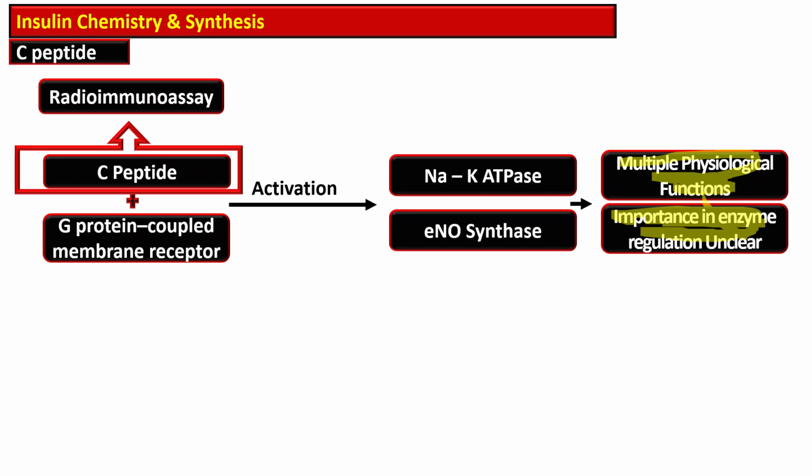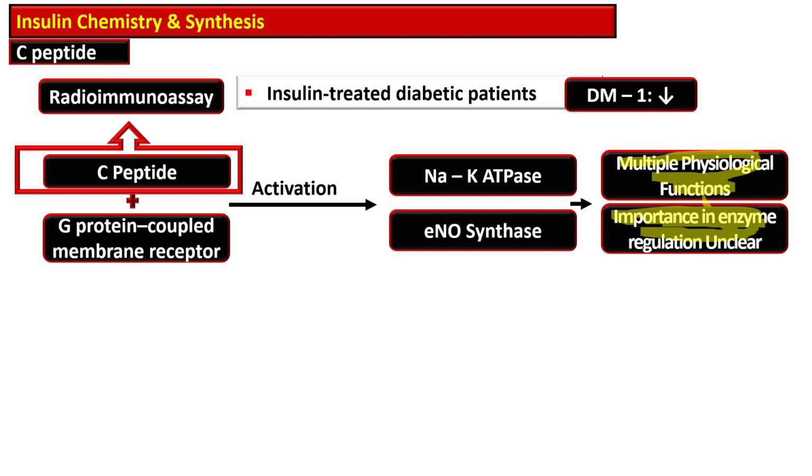So this C-peptide level can be measured via radioimmunoassay in insulin-treated diabetes patients to evaluate endogenous insulin production. Type 1 diabetes will lead to C-peptide levels that are typically decreased due to destruction of the beta cell and no insulin production.